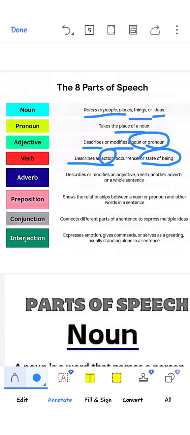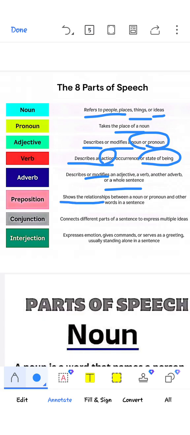Adverb modifies a verb, an adjective or another adverb, or a whole sentence. It also gives us more information about the action, how the action is being done.